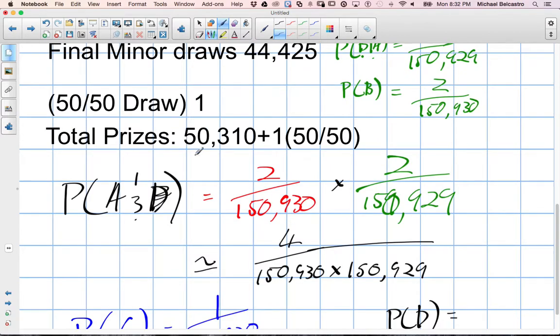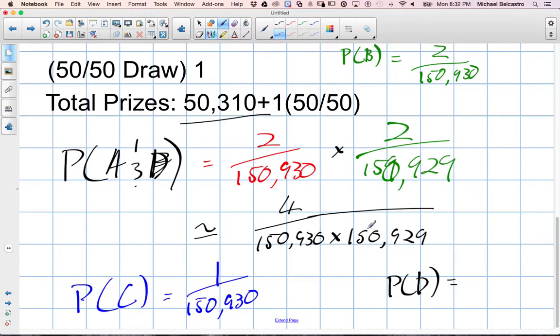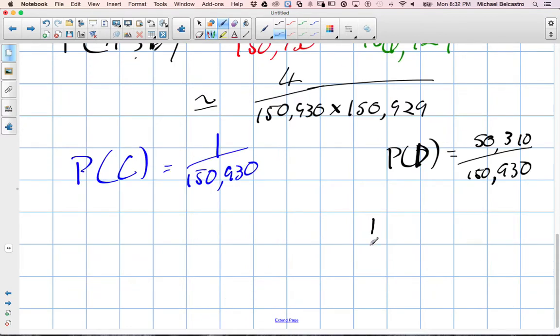Well, we know there's, and we're not going to count that 50-50 draw, we know there's 50,310 out of 150,930. That's the probability of winning a prize. But when you think about this idea, it's a little different.